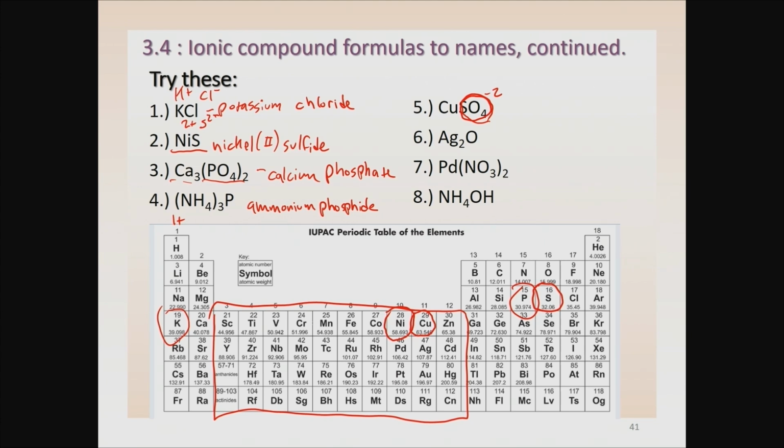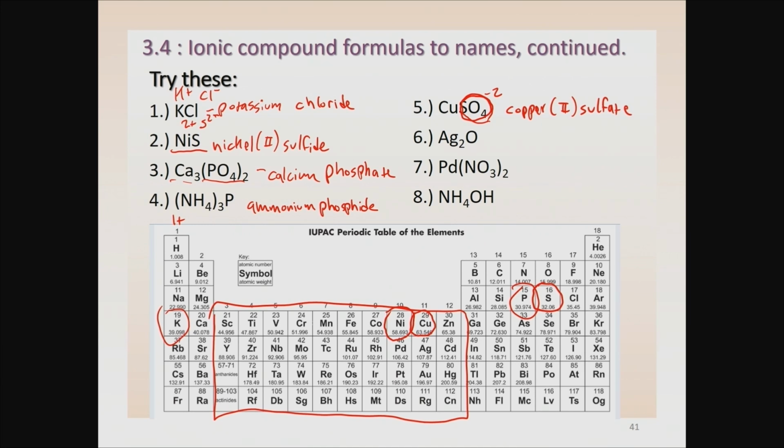We only have one copper atom there, so what must be the charge of that one copper atom so that its total charge is +2? To balance that sulfate -2 charge, the copper atom must have a +2 charge. So the name of this should be copper(II) sulfate.